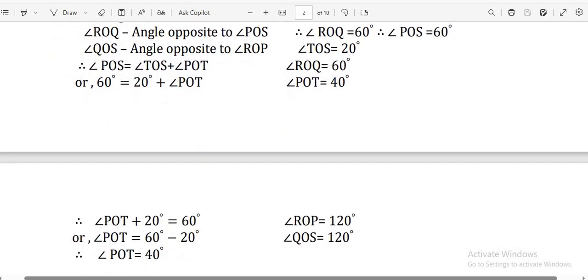Therefore angle POT plus 20 degrees is equal to 60 degrees, or angle POT is equal to 60 degrees minus 20 degrees, which is 40 degrees. Therefore angle POT is equal to 40 degrees.